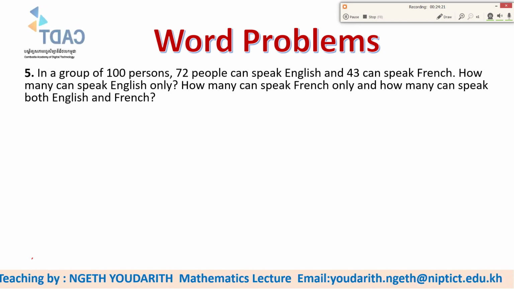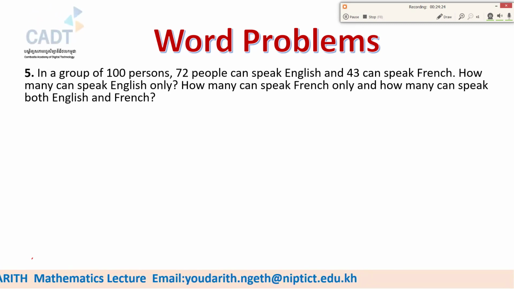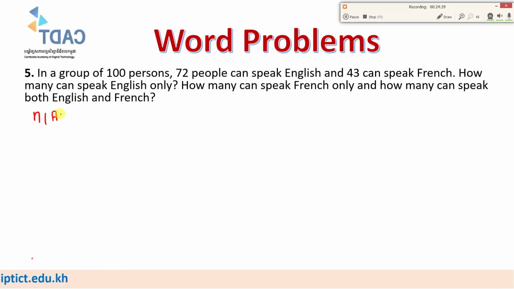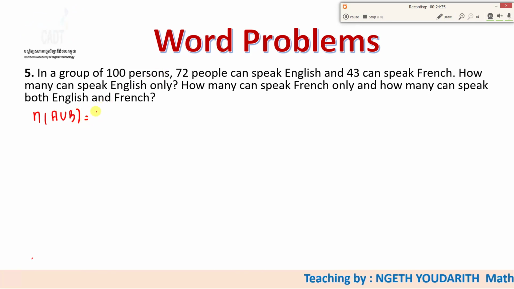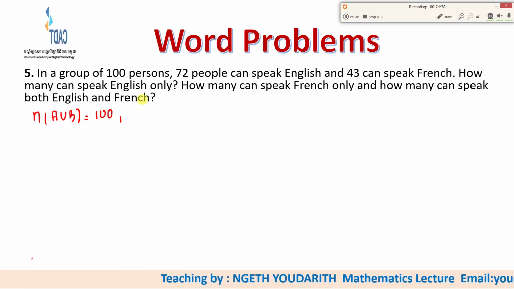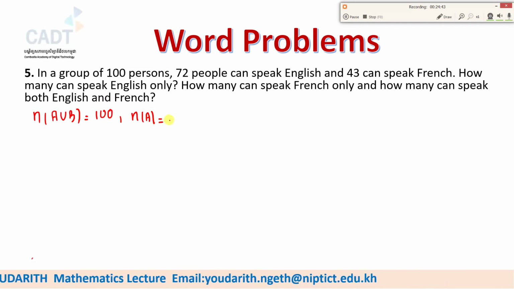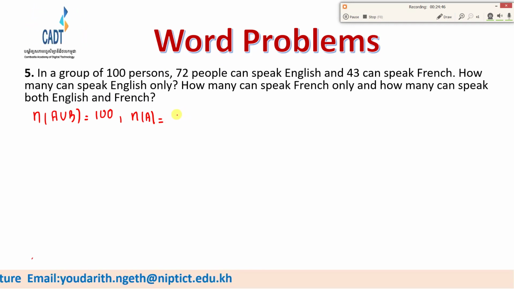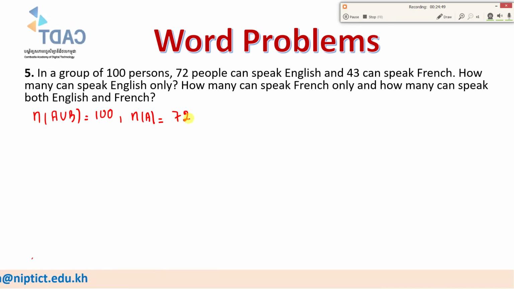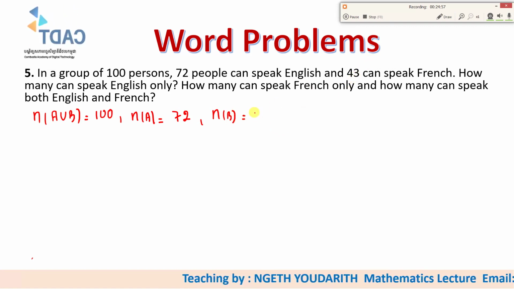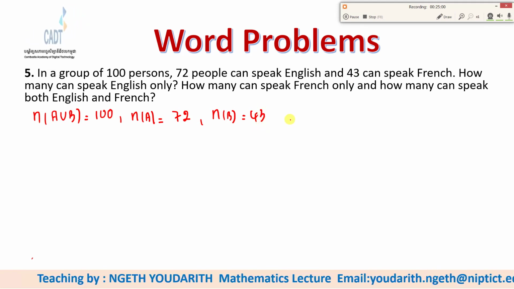So in a group of 100, it means that N(A union B) is equal to 100. N(A) is equal to 72, and N(B) is equal to 43. This is our hypothesis.